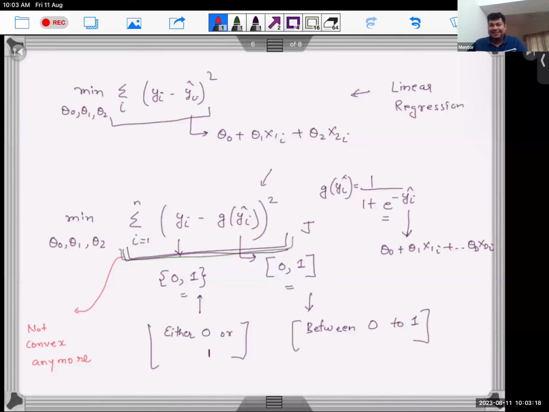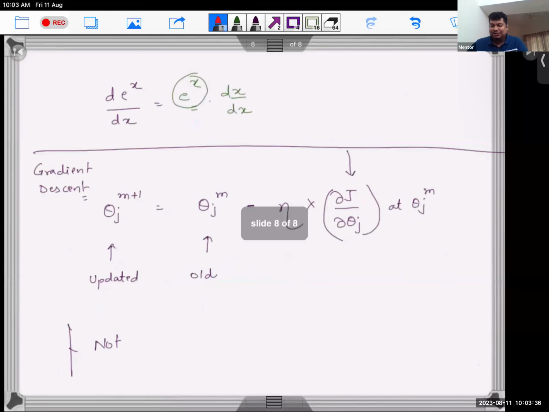No global minimum. You might end up in a local minima. If you end up in a local minima, what could be the issues? You will not get the best performance. So this function is differentiable, but it is not convex anymore because of the introduction of g. So we should not use gradient descent on this function.